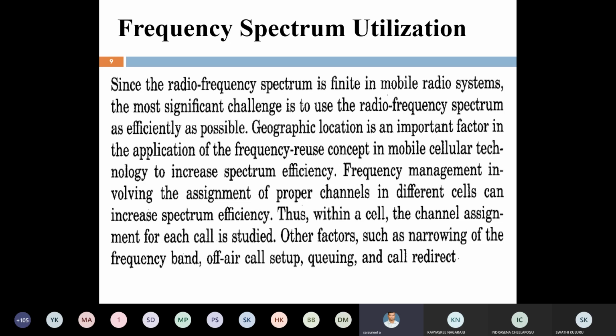How do we utilize the limited frequency spectrum for all customers? For this purpose, we go for frequency management and channel assignment. We will discuss what is meant by frequency management and channel assignment in later classes, and how we can effectively utilize the limited frequency spectrum.